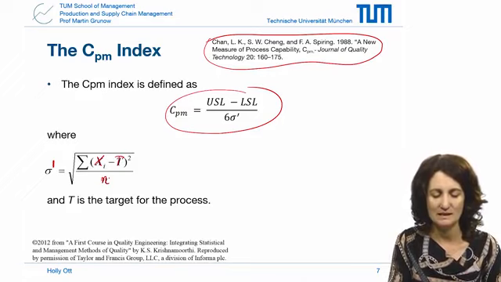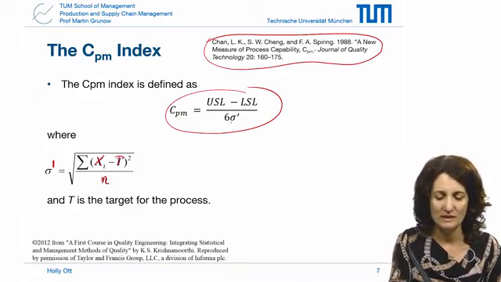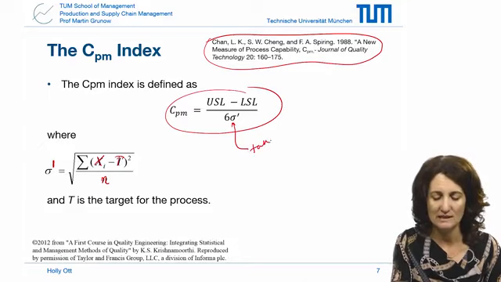So the CPM value takes into account the sigma, and it takes into account the target.